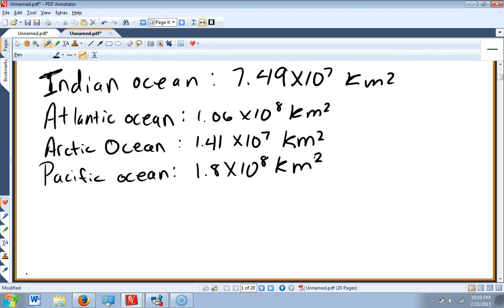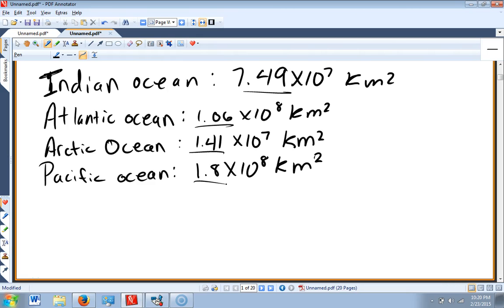So what we're going to do is if we just looked at these numbers, it might look like the Indian Ocean is the biggest ocean, but it's not. I'll just tell you that right now. Now, obviously that's not going to be trustworthy.